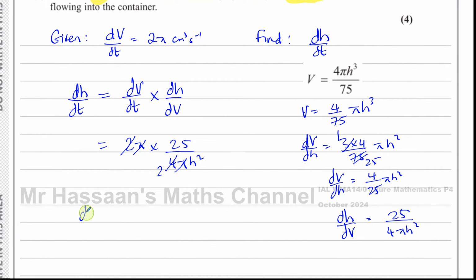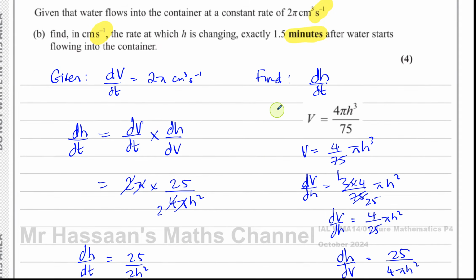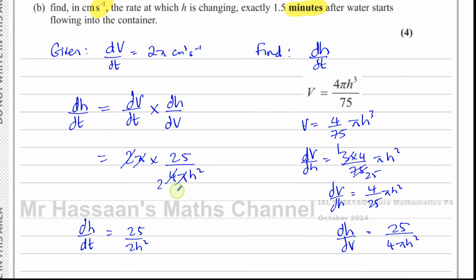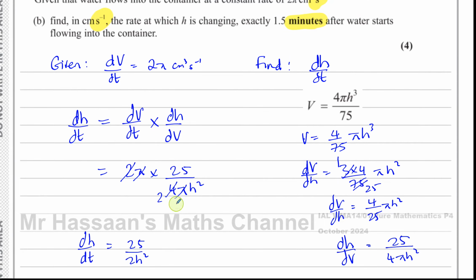So we're left with dh/dt equal to 25 over 2h squared. Now, it says we have to find the rate at which h is changing exactly 1.5 minutes after water starts flowing into the container. So now we have dh/dt, and we have it in terms of h.